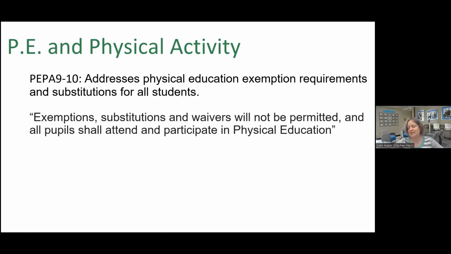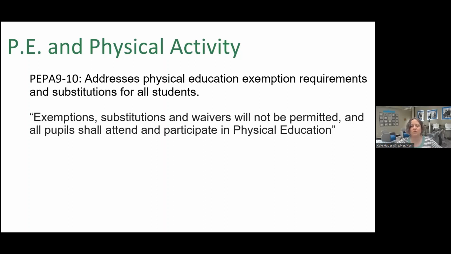A substitution or an exemption could be if you have a student that is a competitive dancer, for example, and they're dancing 6 days a week outside of school, that you're saying that they don't need to take PE, and that you're going to certify their dance studio as providing PE for them so that they don't need to take it during the school day. Another example is your athletic teams.